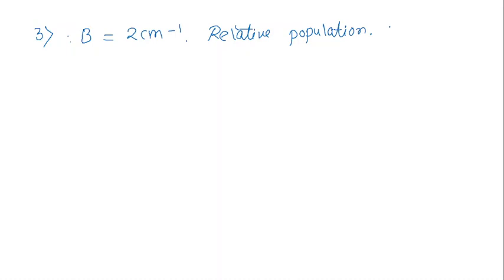Relative population n equals 1 with respect to n equals 0. Now for relative population, what the things we have to know? N1 divided by N0. This is according to Boltzmann distribution formula.